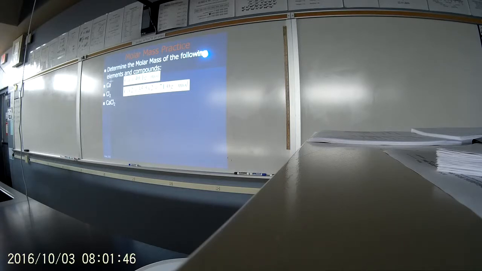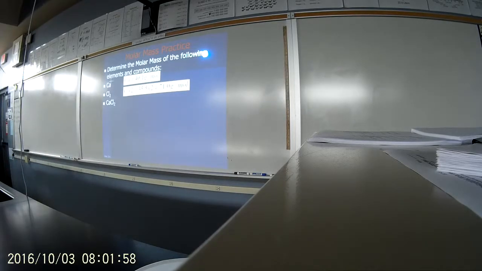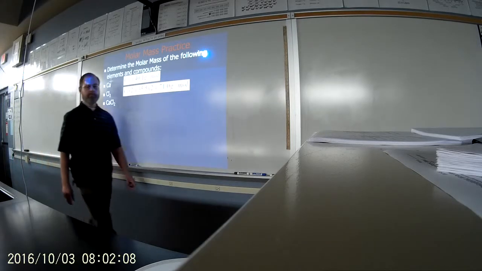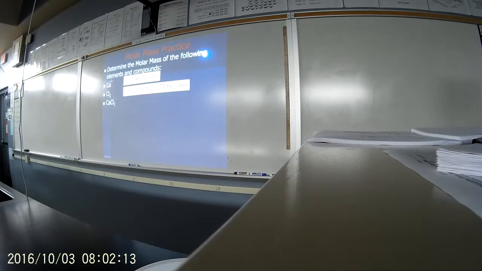There's a compound. This is called calcium chloride. What is the molar mass of calcium chloride? Is it 110.18?